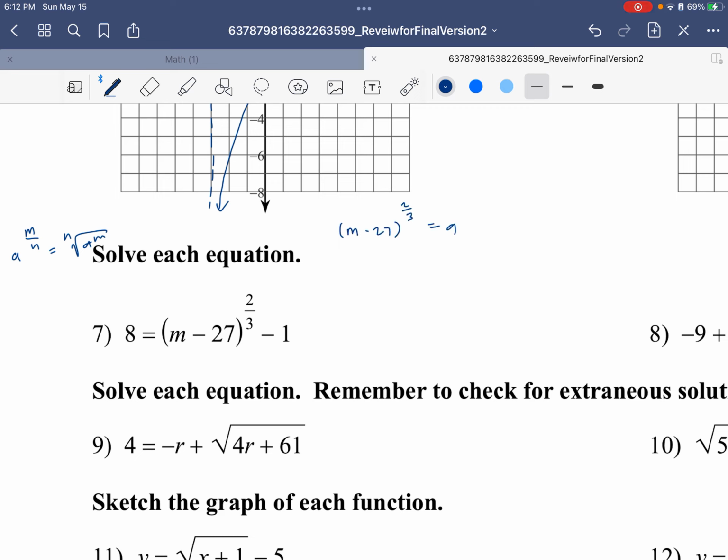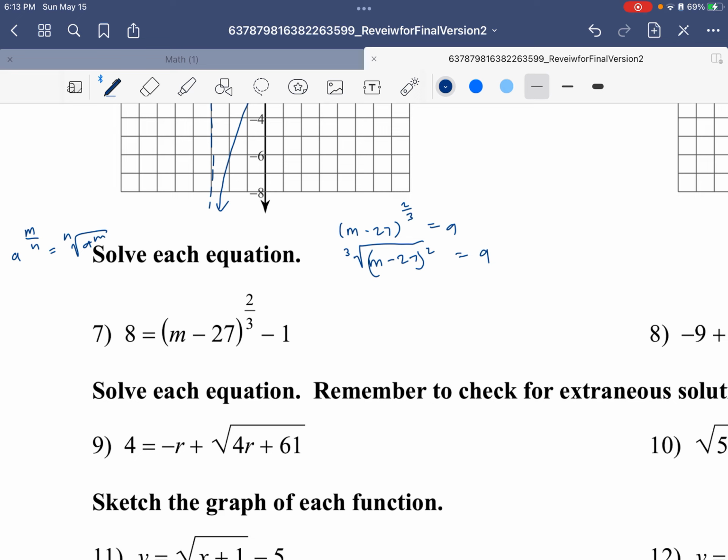Now let's apply this rule, and we'll have 3 on the outside to the power m minus 27 to the power of 2 on the inside equals 9.